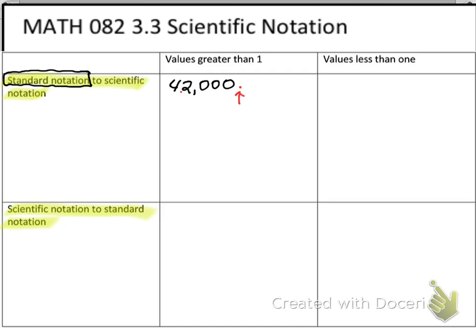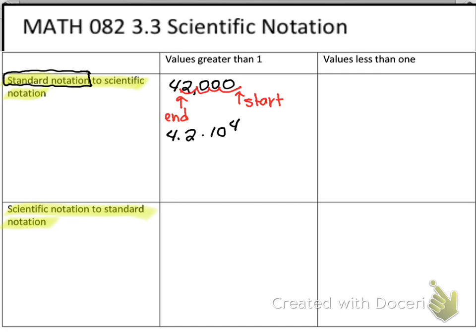So we're going 1, 2, 3, 4 units over. That means this becomes 4.2 times 10 to the 4th power.